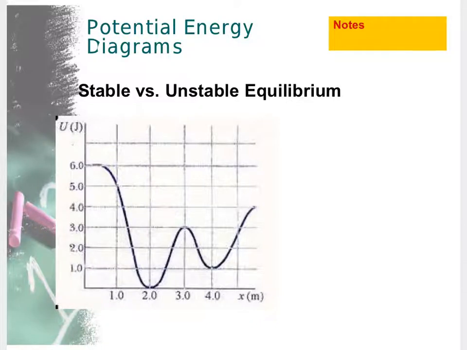Now we don't know what sort of force is producing this type of potential energy graph, but let's take a look at it anyway. It looks like it has several places where the derivative dU/dx is equal to 0. Those are points where the instantaneous slope is 0.